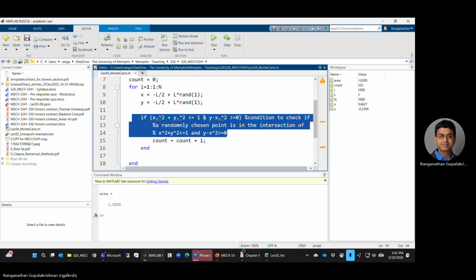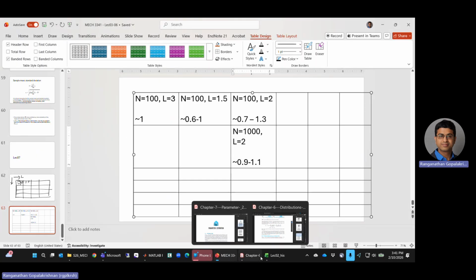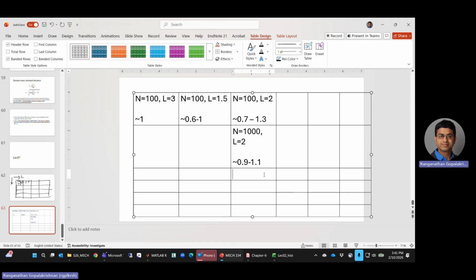Okay, so now from about 0.7 to 1.3, the spread has now come down to between 0.9 to 1.1. Maybe you should try running 10,000 trials at the same L value. So next thing is 10,000 and L equals 2. Yes. Almost there. So I would run N equals 10,000 and L equals 2.